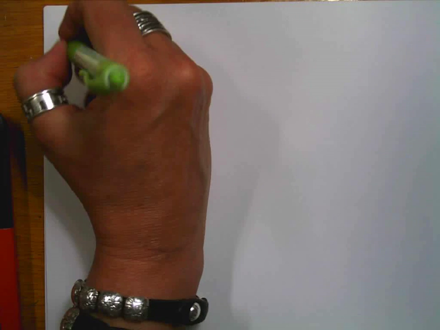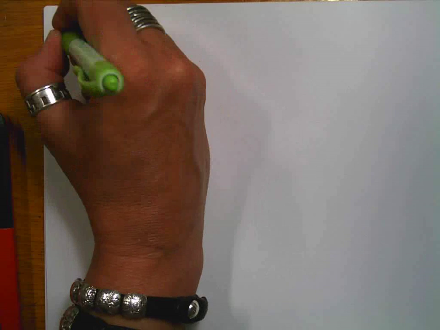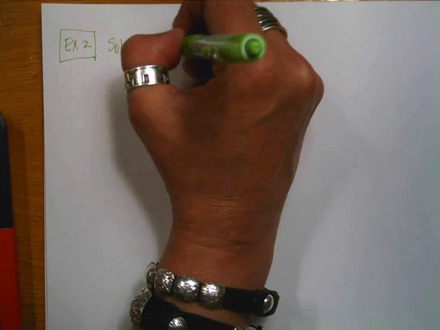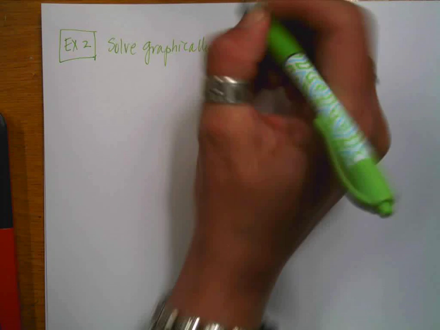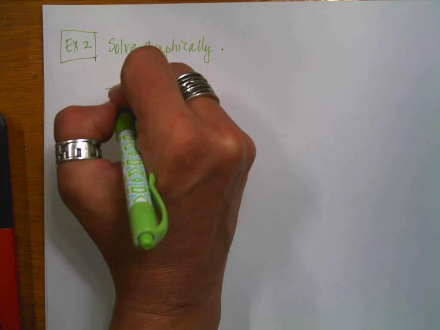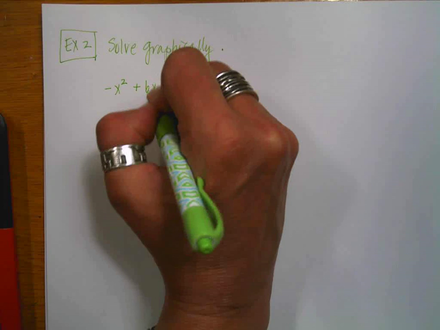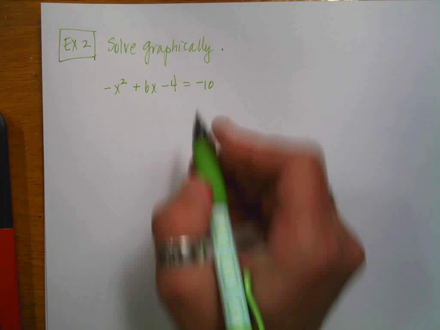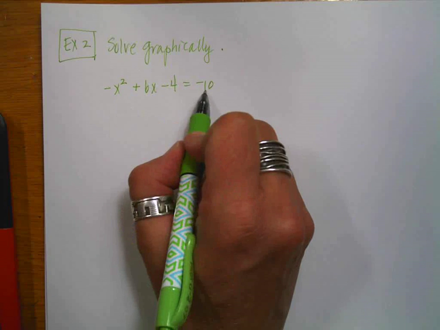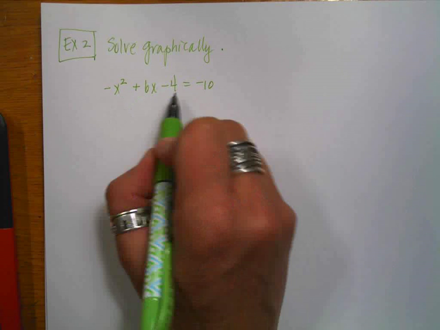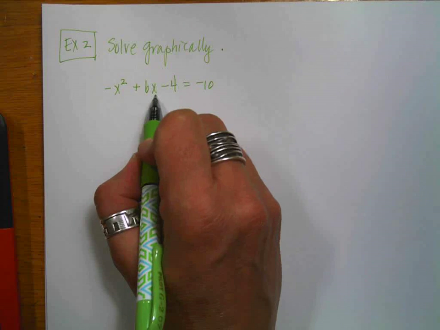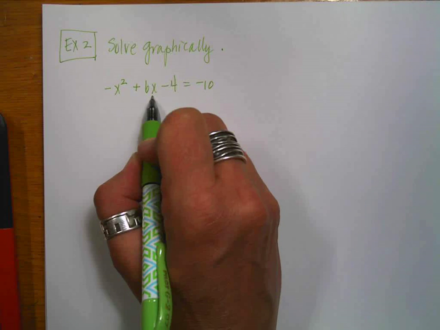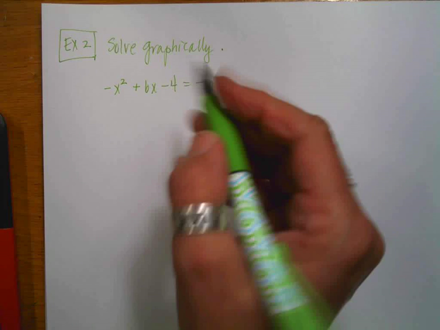So the next example that we're going to do, example number 2, says solve graphically. Yay, we like using our graphers. Okay, so this time I have negative x squared plus 6x minus 4 is equal to negative 10. So because we're solving a quadratic, I can put in two different equations and find the point of intersection between the two equations, or I can approach it like I did the last one where I'm solving for x.